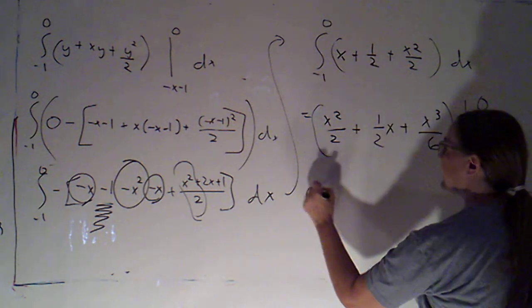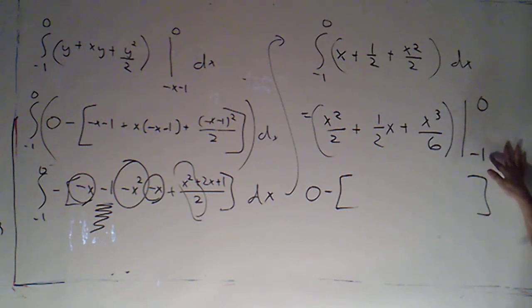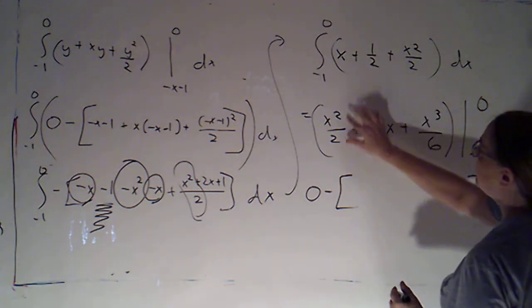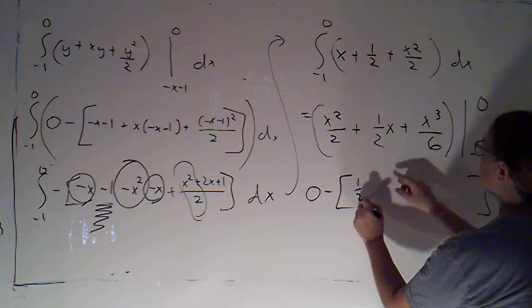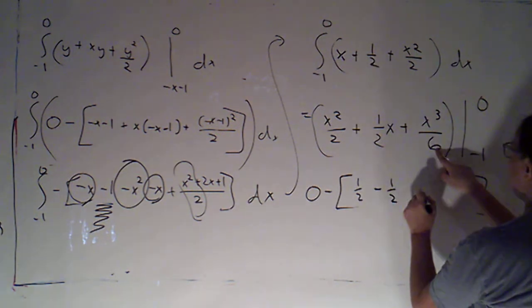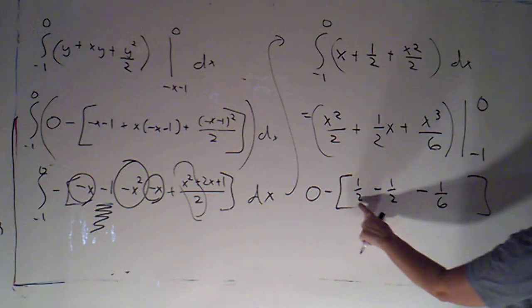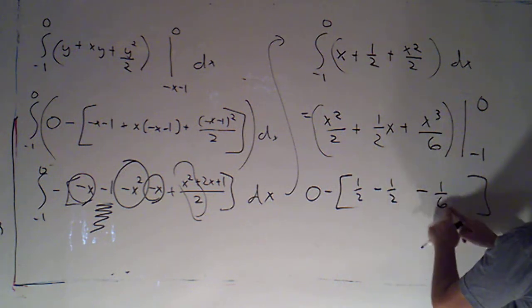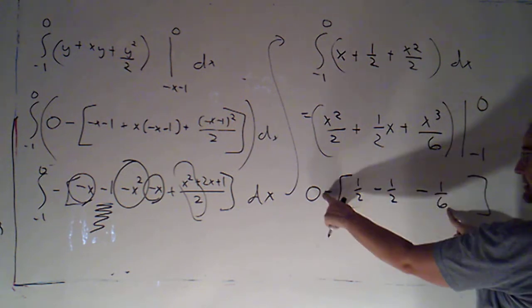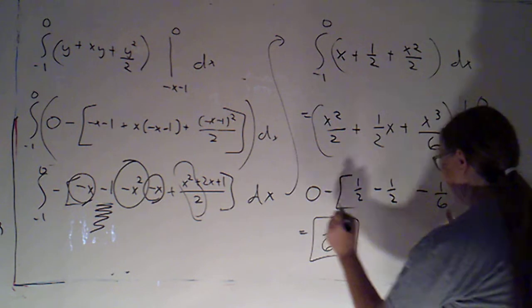Plugging in 0 first, so I'm going to get 0 minus what I get at -1. Now what I get at -1 is going to be 1/2 minus 1/2 minus 1/6. Okay. The 1/2 minus 1/2 will cancel, so we have just -1/6. We're taking the opposite of that, and we got 1/6.